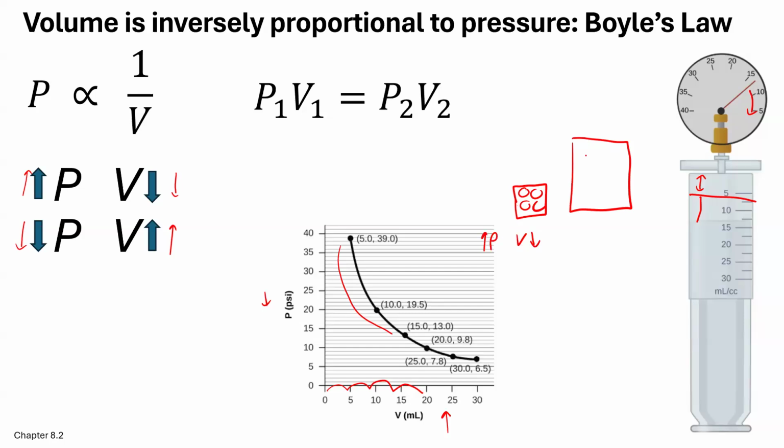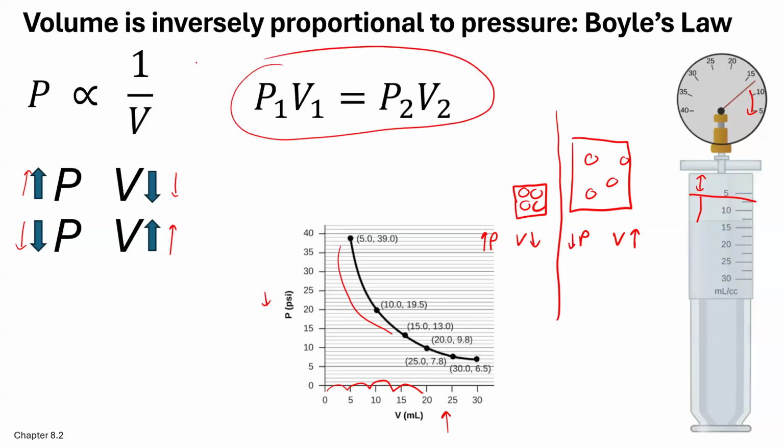If you increase that volume size and keep the same amount of particles, those particles are going to collide less with each other and with the sides of the box. So as the volume increases, the pressure goes down. So it's an inversely proportional relationship, and it's going to be P1 V1 equals P2 V2.